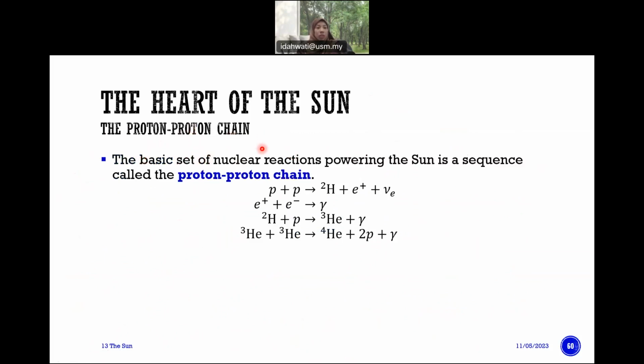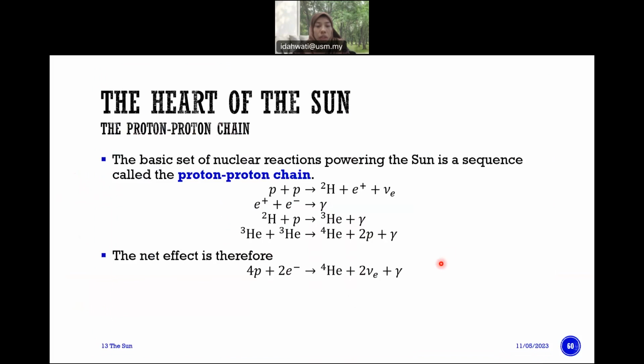The proton-proton chain: the basic set of nuclear reactions powering the sun is a sequence called the proton-proton chain, or the PPC. Maybe you have to memorize, or understand, the reactions happening here. So the net effect is 4 protons plus 2 electrons, so you get helium, 2 νe and 1 gamma.